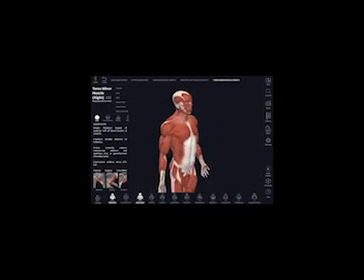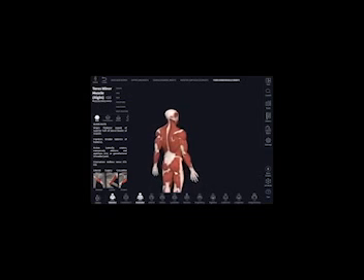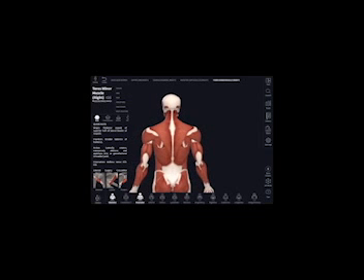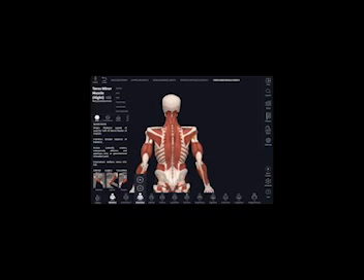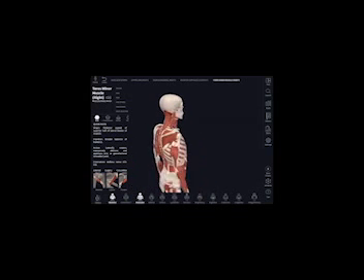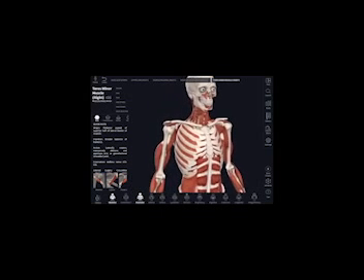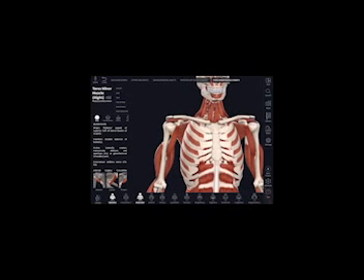So subscapularis is located on the anterior aspect of the scapula. I don't know if I can show you this. There we go. Okay, so subscapularis originates in the subscapular fossa, which we saw in the bony landmark section, and it inserts to the lesser tuberosity, which is located more anteriorly.